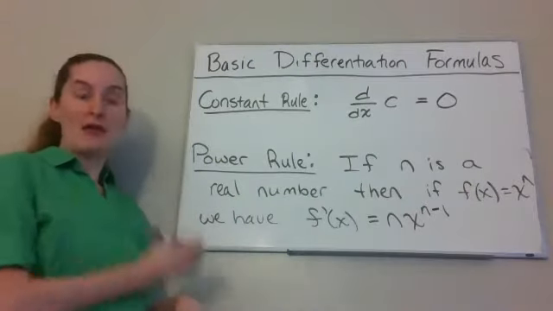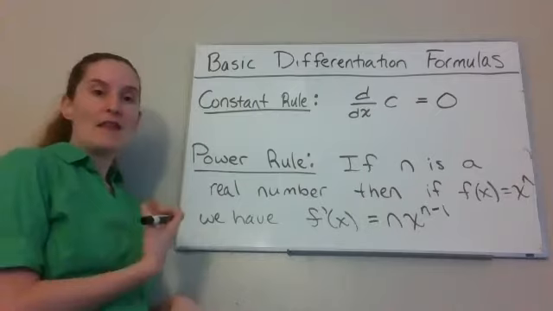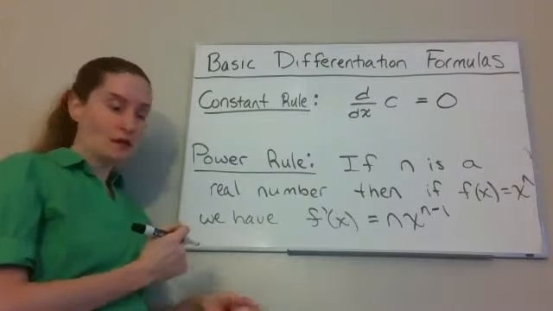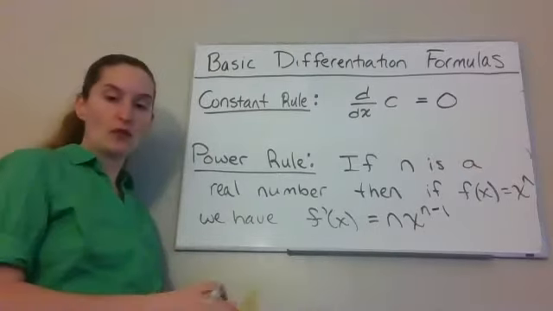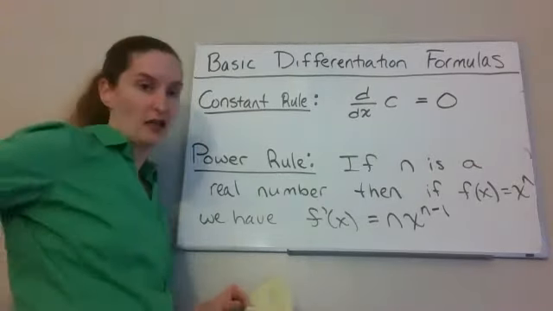So you get to bring the power down, multiply in front, and then your new power is going to be 1 smaller. Let's just do some examples that only use these two rules right now, our constant rule and our power rule.